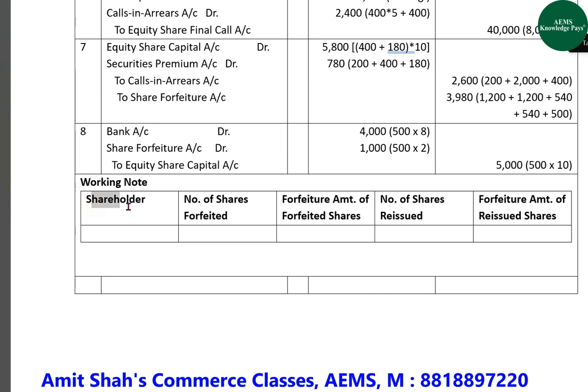The first column is for shareholder, the second is number of shares forfeited, third is forfeiture amount of forfeited shares, fourth is number of shares reissued, and then forfeiture amount of reissued shares.